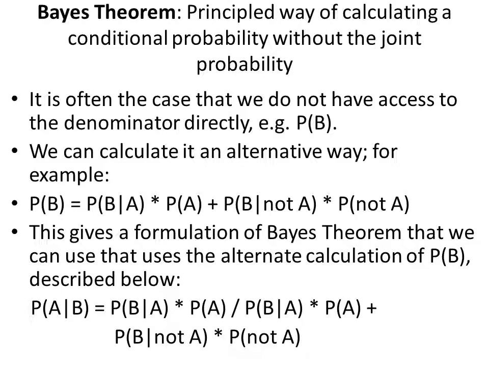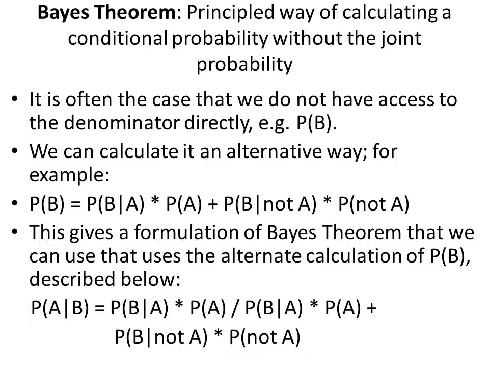For example, probability of the event B equals probability of event B given A, multiplied with probability of event A, plus probability of event B given not A, multiplied with probability of not event A.